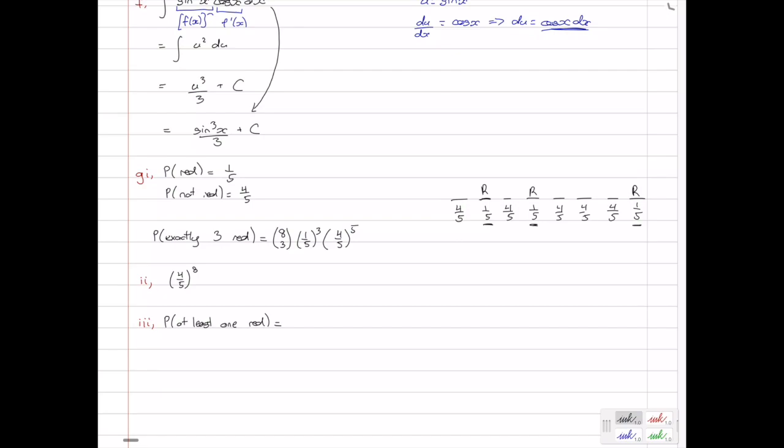So what's the complementary event of at least one being red? The complementary event is the fact that none of them are red. So this is going to be equal to 1 minus the probability of having no reds. Okay, which is what we just worked out in the question above. So this is 1 minus 4/5 to the power 8. And that is the end of question G and the end of question 11.